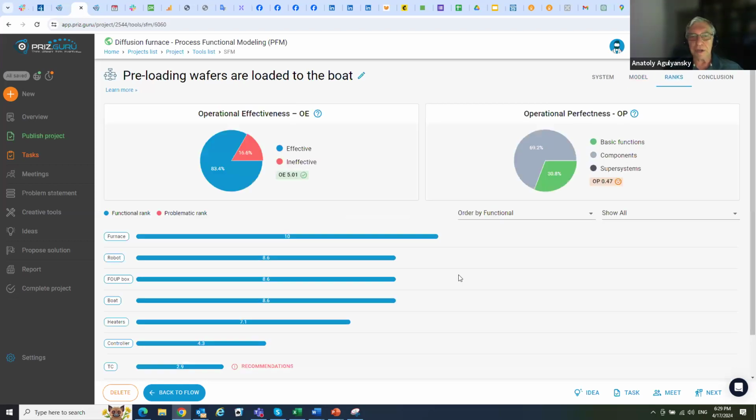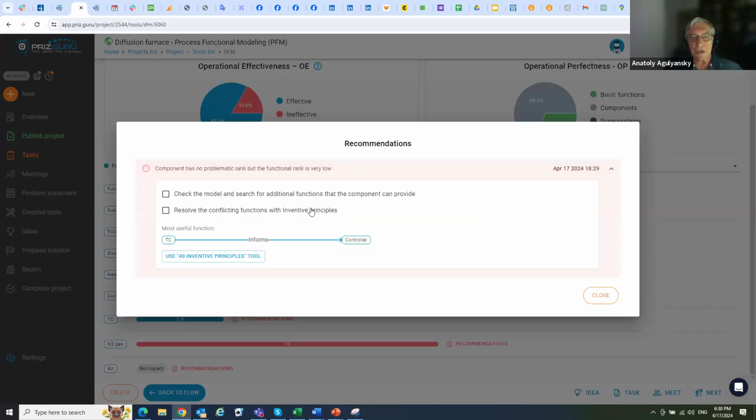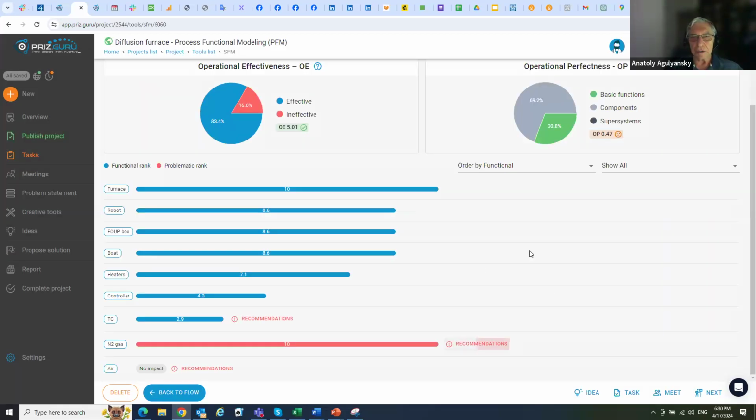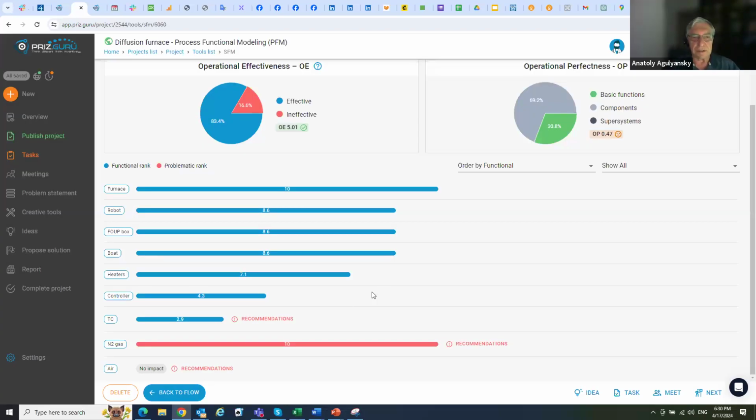We can continue, and let's have a look at the ranking. You're already familiar with this. We have recommendations here. You can click on the recommendations and try to improve the different components, different functions.